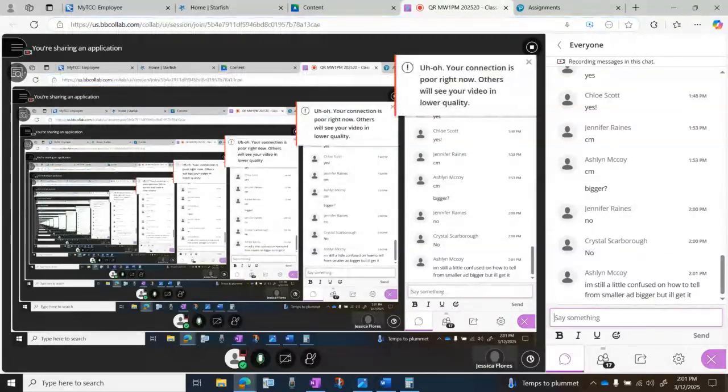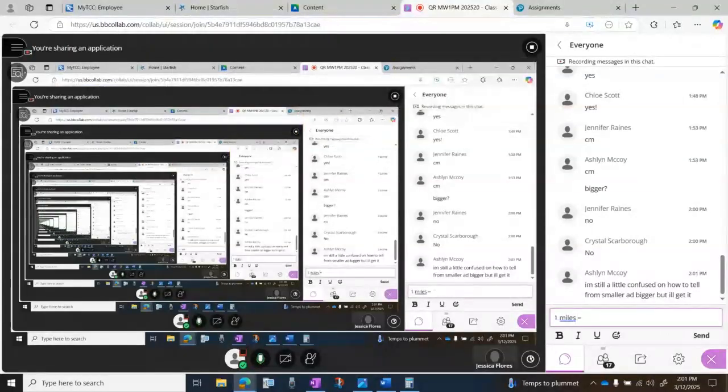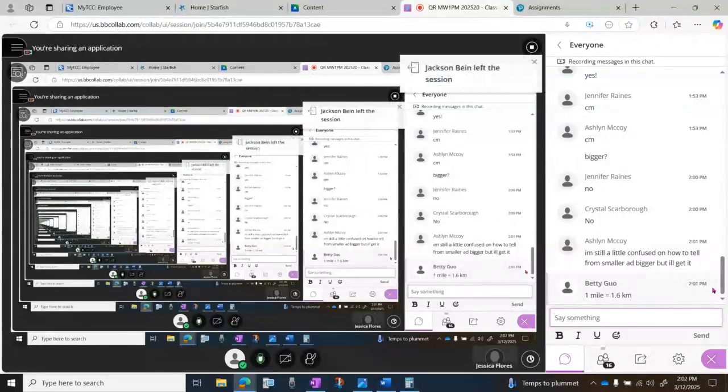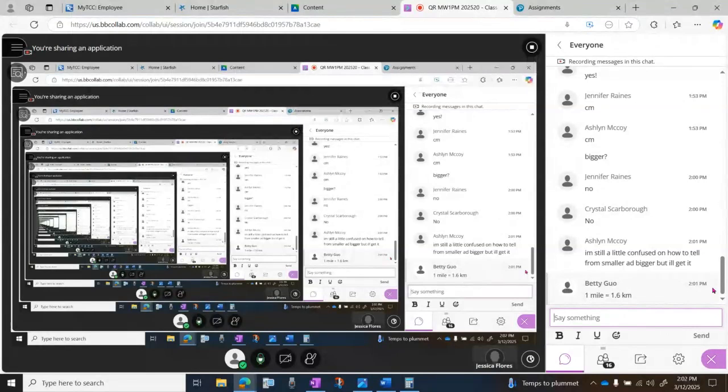So we can use mile and kilometer as an example. 1 mile is approximately equal to, let's just use equal to, 1 mile, not miles. 1 mile equals 1.6 km, right? When we say which unit is bigger, which unit is smaller, we mean is 1 mile longer or is 1 kilometer longer. We're comparing 1 mile with 1 kilometer.